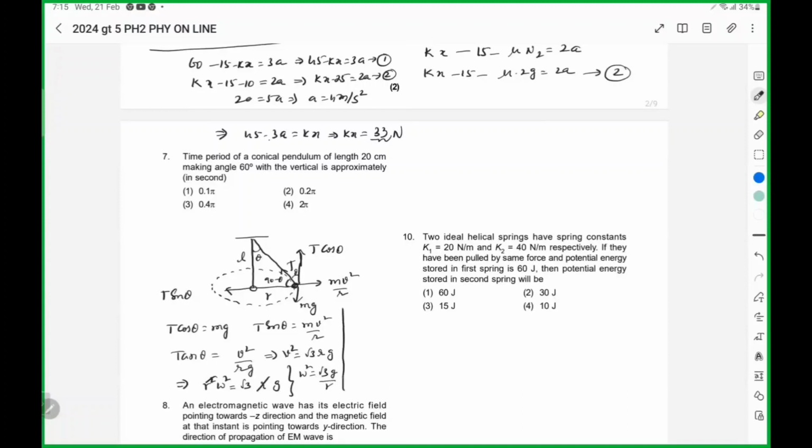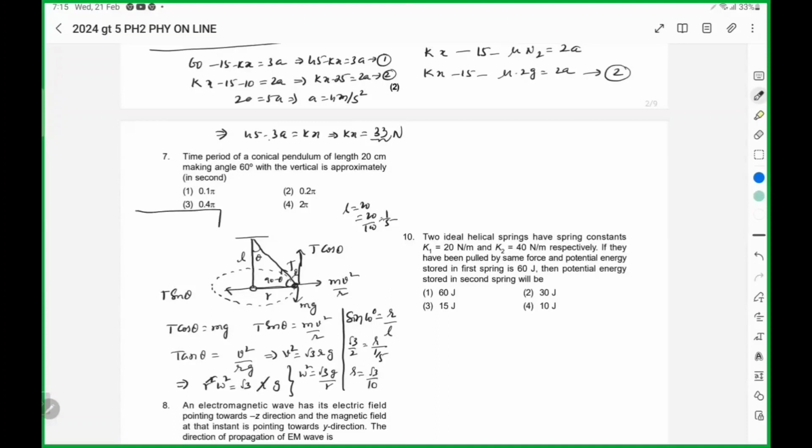So here sin 60 is r by L. Root 3 by 2, L here is 20 centimeters, that is 20 by 100, 1 by 5. So r will be root 3 by 10.